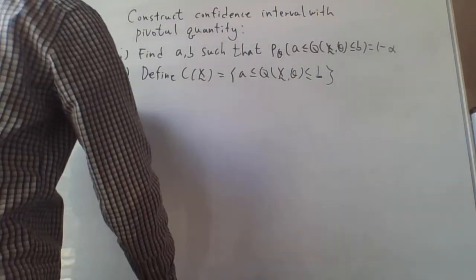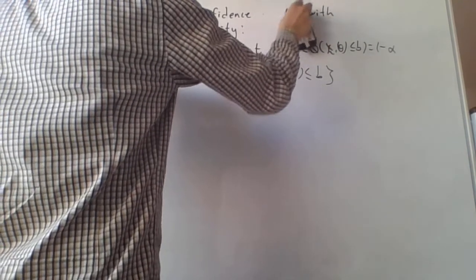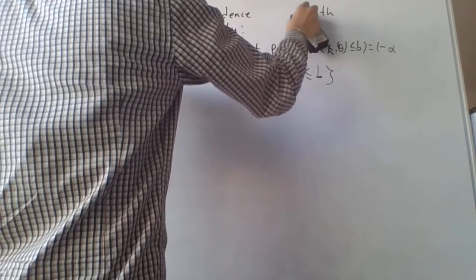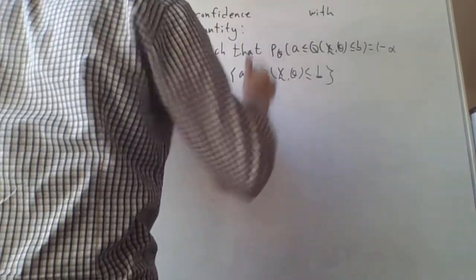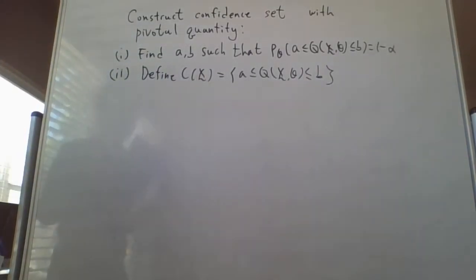Then, okay, let me back up. So we first construct the confidence set, not the interval, confidence set with the pivotal quantity. So we find A and B such that the probability that Q is between A and B is 1 minus alpha, and we construct the confidence set based on A and B.